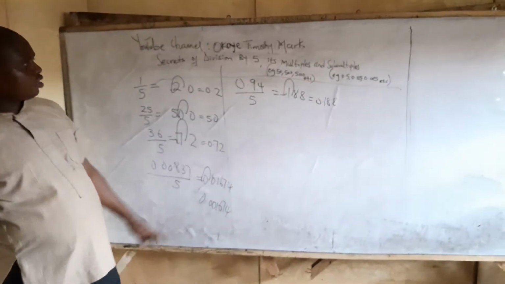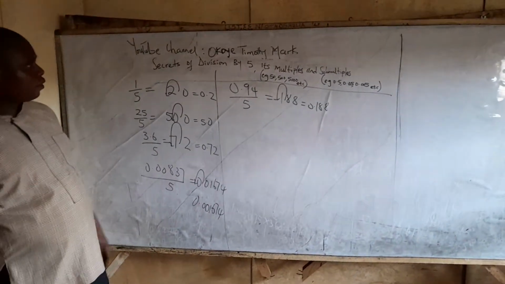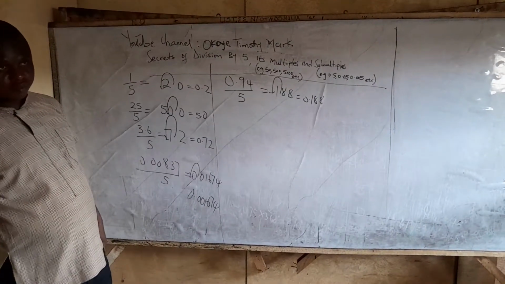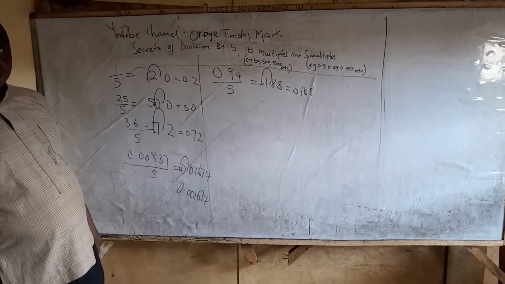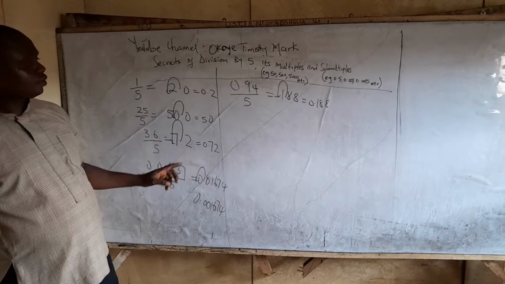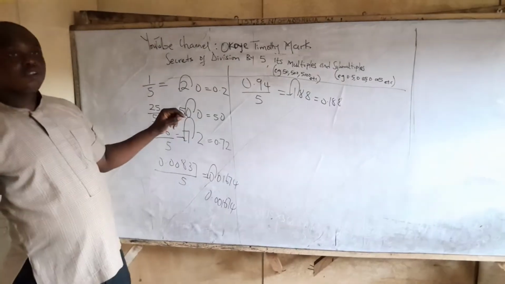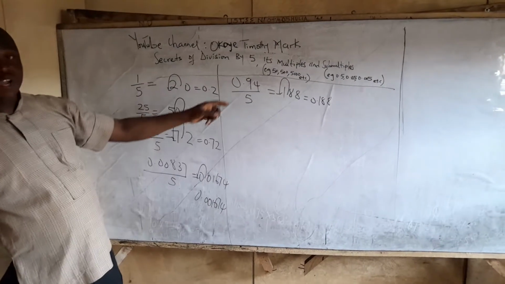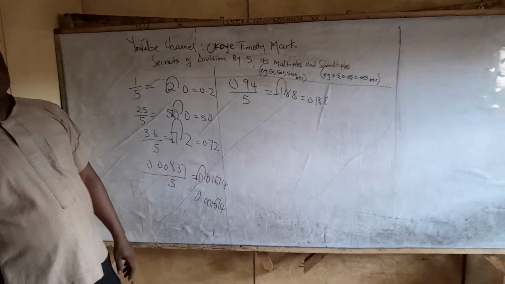Hence, whenever I divide a number by a multiple of 5, simply double the number and shift the decimal place backward the number of times the multiple of 5 has digits.